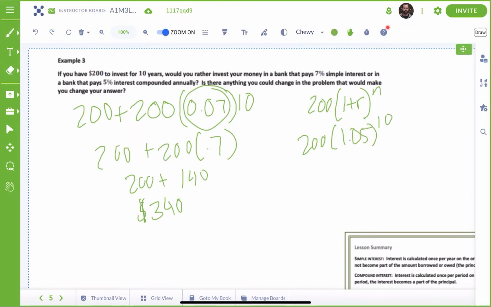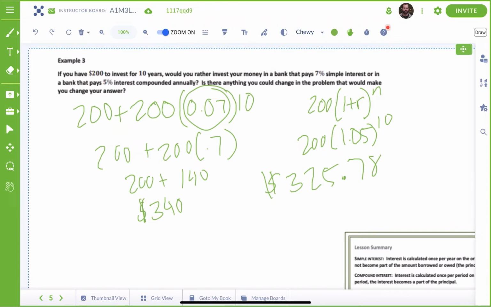Sorry about that. We know that if you're going to compound the same amount of interest, it's going to be more. So here we have to the 10th power. And so hopefully from the last slide you saw how to do that. 1.05 to the 10th power is 1.62889 and so on. Let's multiply that by our 200 and we would have $325.78.